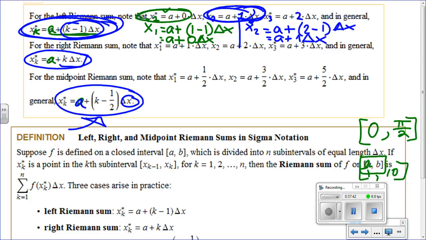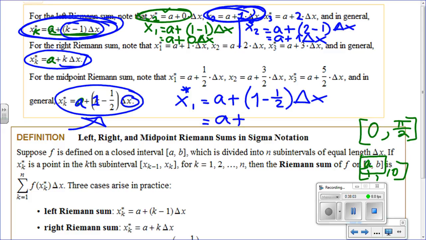And that would be k, like if this is a 1 for the first one. It was A plus 1 minus 1/2 delta x. So that is equal to A plus, what is 1 minus 1/2? 1/2 delta x. Okay.